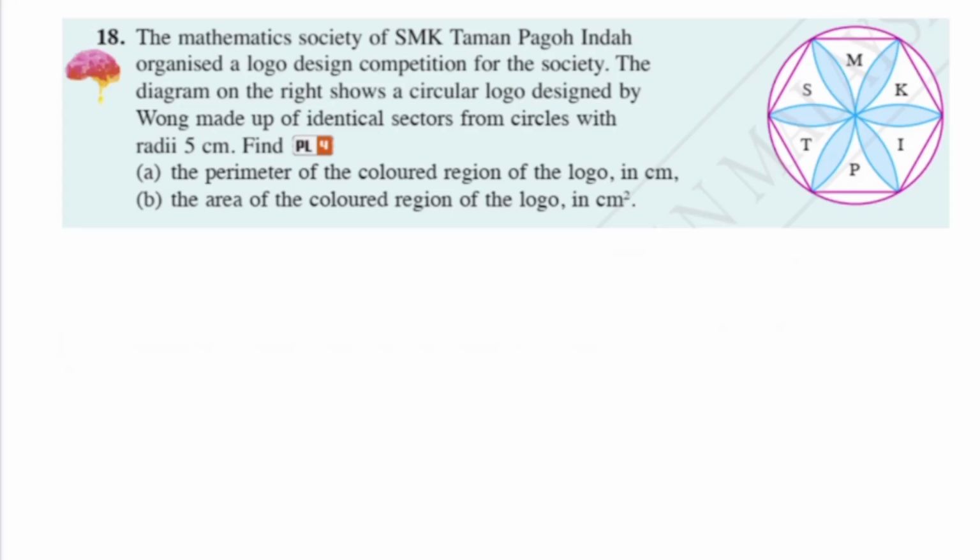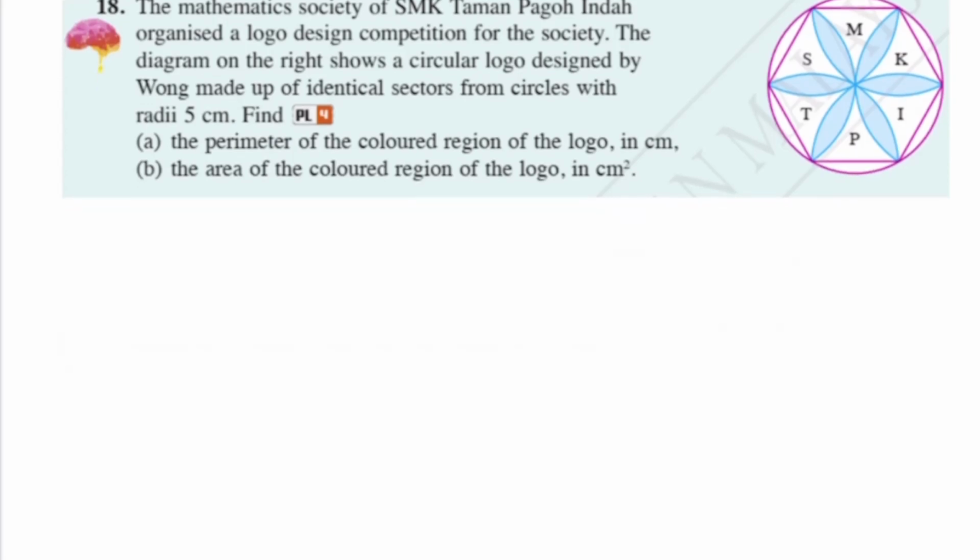Now, the Mathematics Society of SMK Taman Pago Indah organized a logo design competition. This is quite similar to the recent SPM question. The logo you can see is designed by Wong, made up of identical sectors of circle with radii of 5 cm.